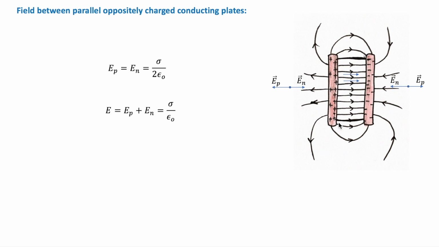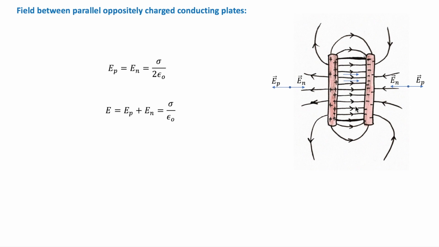Most charges accumulate on the inner surfaces here, and a small amount of charge resides on the outer surfaces. If the plates are really large, this outer charge is negligibly small, and in this case we can assume the field to be uniform in this region, and that the charges are uniformly distributed over the opposing surfaces, okay?